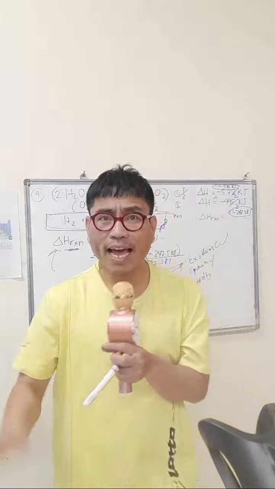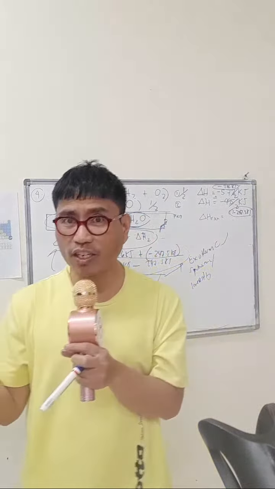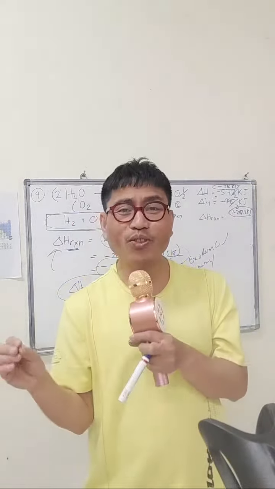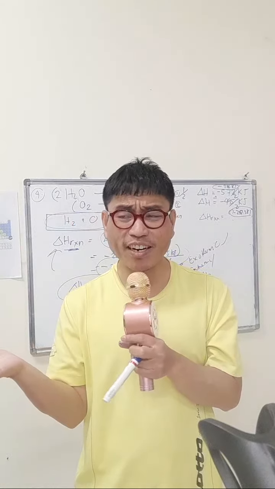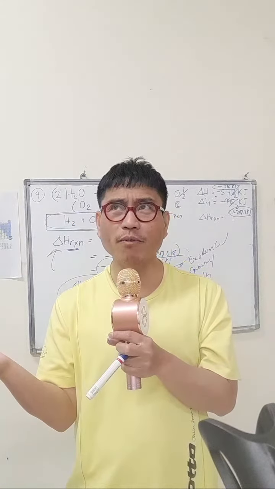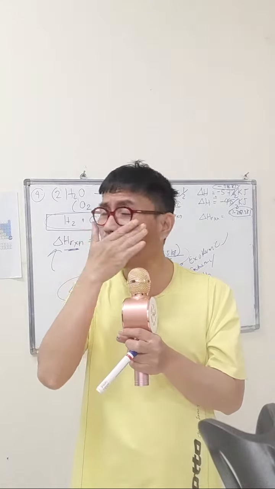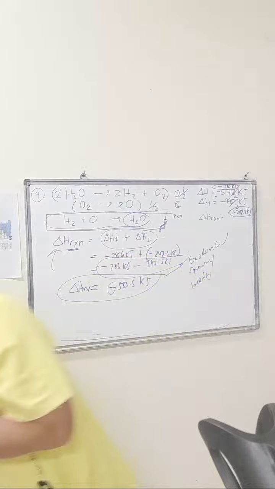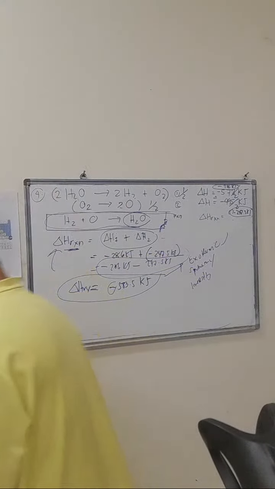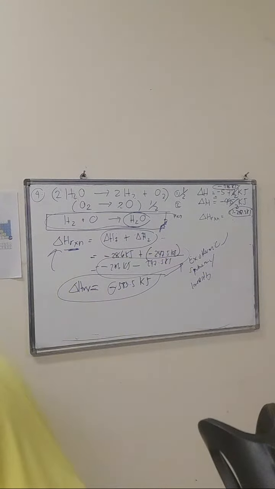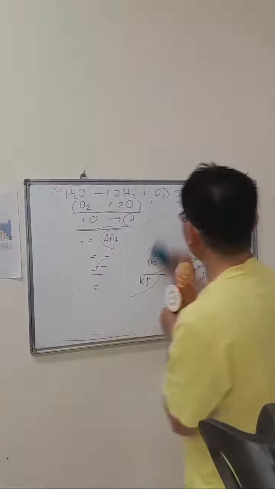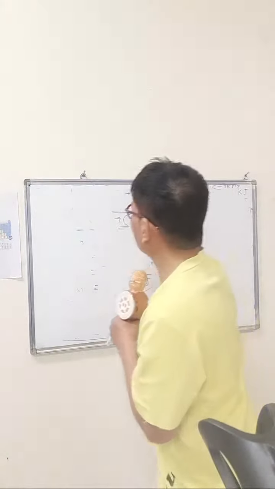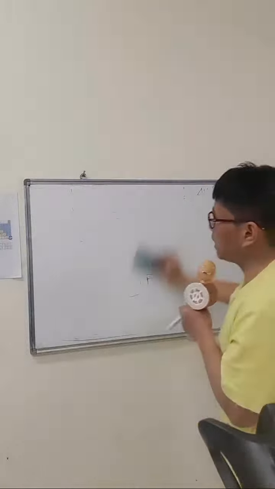My last vlog this Saturday night will be on another version of enthalpy change of reaction that involves standard heat of formation. But before ending this third vlog, I need to show some information for you to memorize completely.